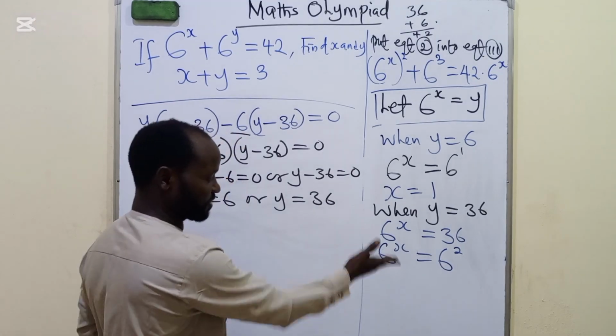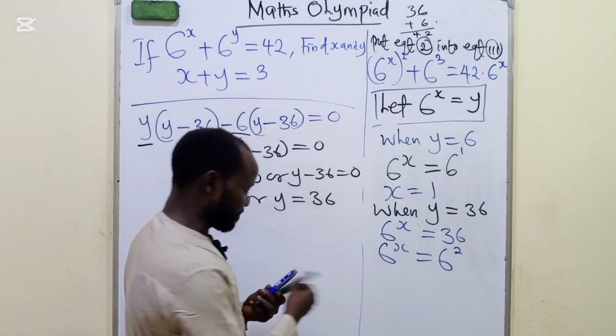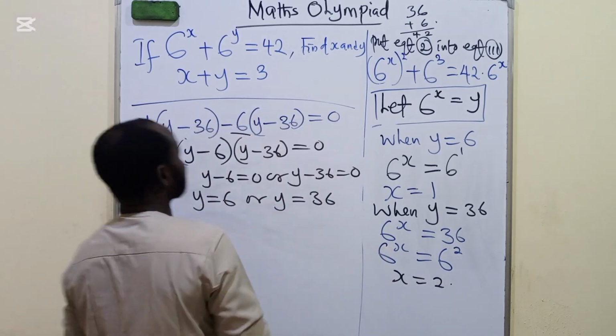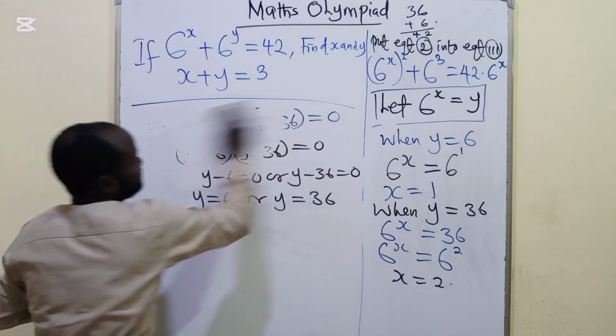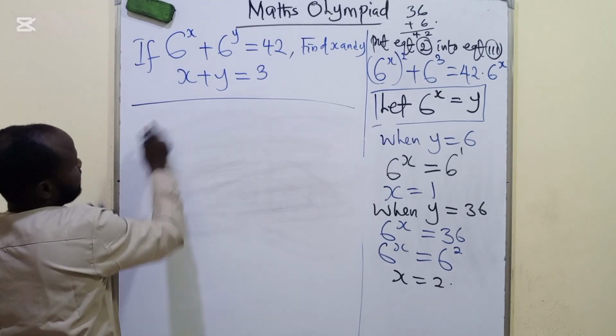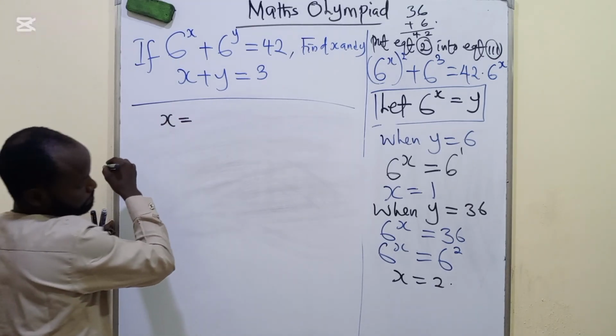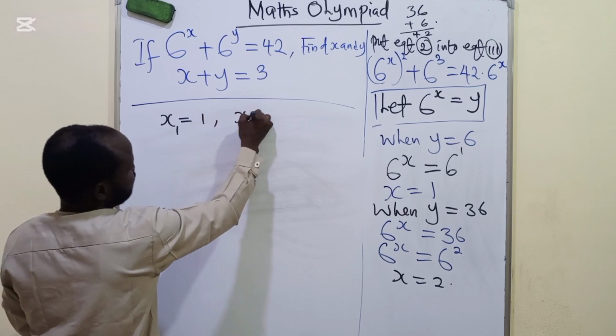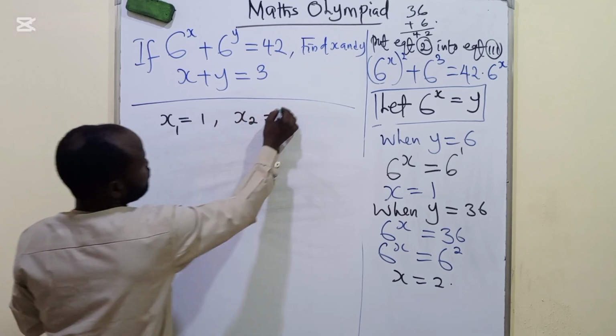The bases are the same here, we can equate their powers. Finally, x equals 2. So we can conclude that x1 is equal to 1, x2 is equal to 2.